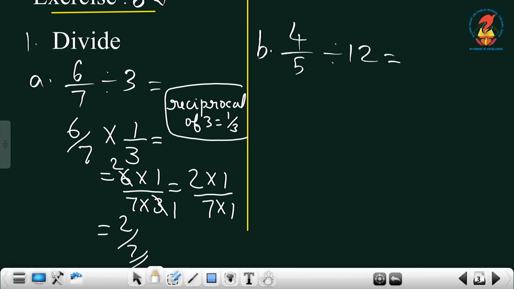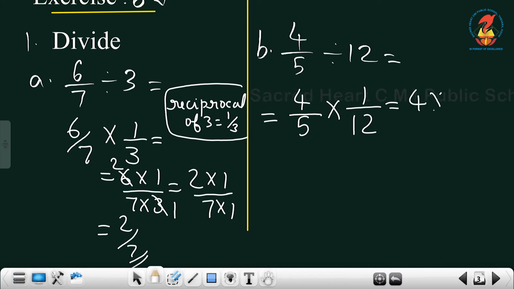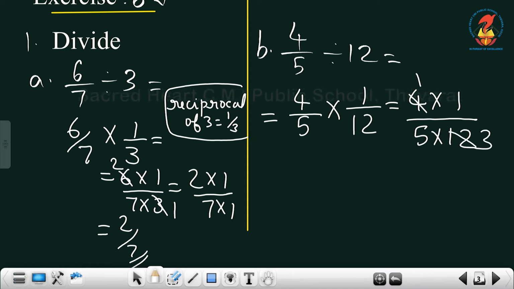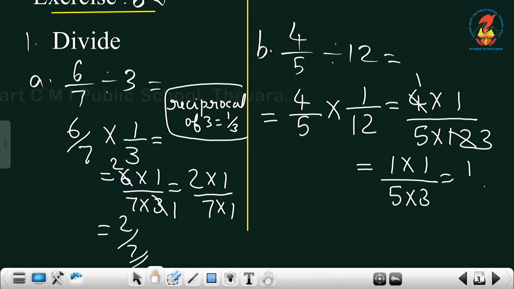And after that, I need to multiply 4 by 5 into the reciprocal, that is 1 by 12. What is that? 4 into 1 is the numerator. 5 into 12 is the denominator. Shall I cut? 4 3s are 12. Then balance is 1 into 1, 5 into 3. 1 by 15.